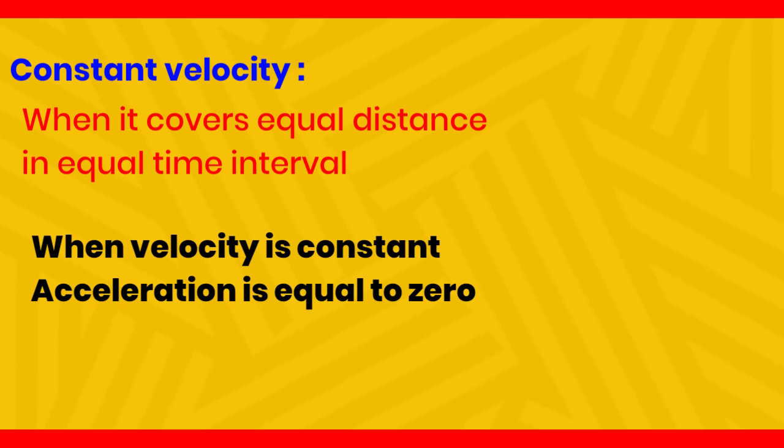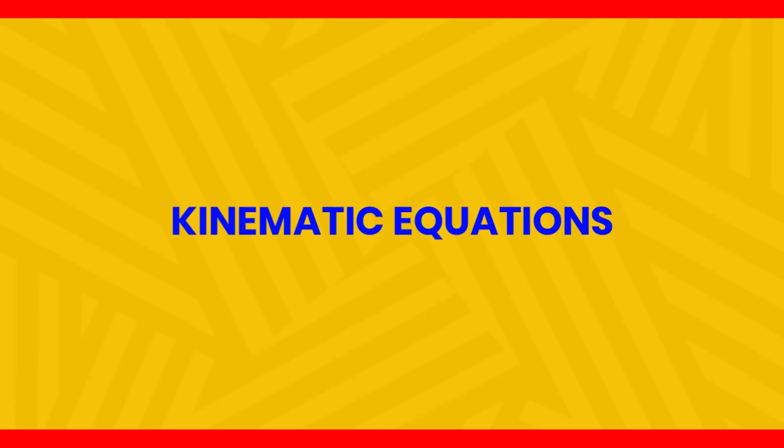Now let's move to the equations you need to know to solve problems on objects moving in a straight line. You don't need to cram anything. When an object is moving with uniform speed, distance is equal to speed multiplied by time.